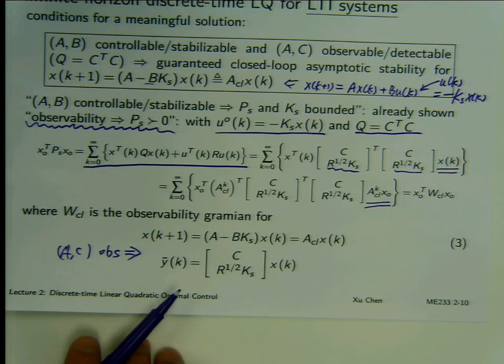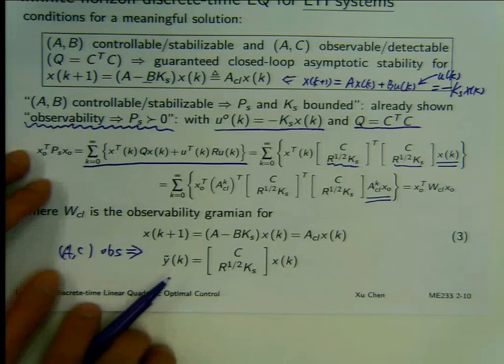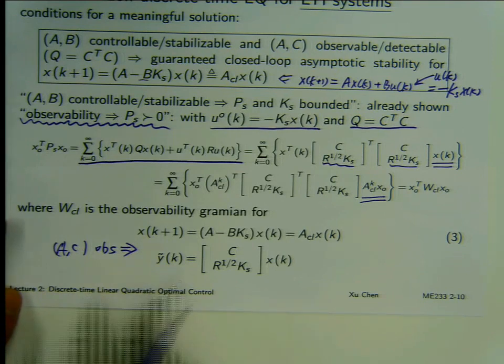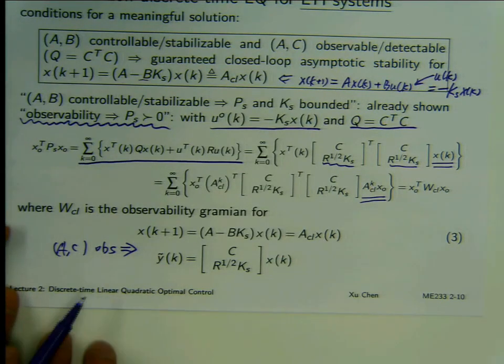Full rank of what? If we constructed the observability matrix, it's going to be full rank. That's what you imply. So if we want to test the observability, we have several ways. We can construct the observability matrix, right? And then check the rank. That's one way to do. Okay?